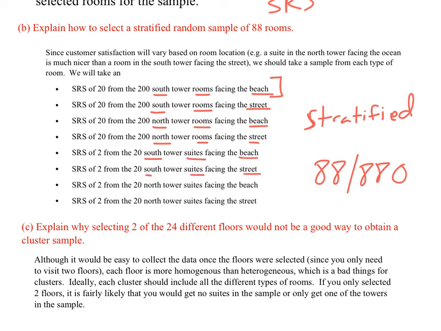South suite street. North suite beach. North suite street. When that whole process is done, put everybody back together, and you have a sample of 88, but now every single possible room type is included. We're going to hear from everybody we want to, to the extent that we want to.